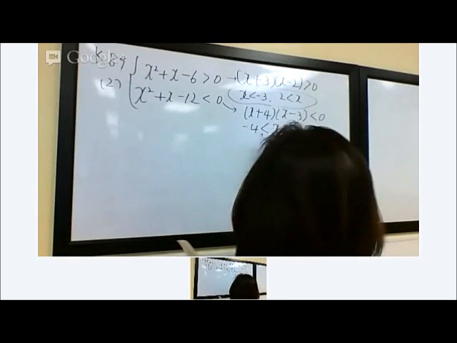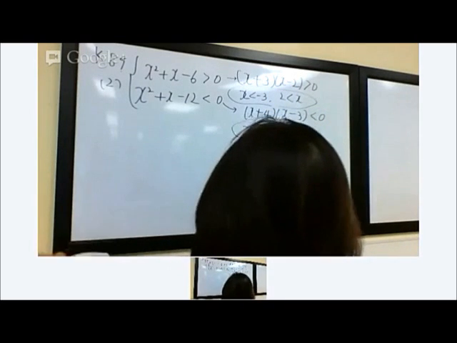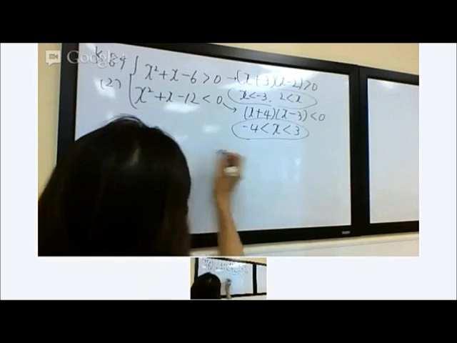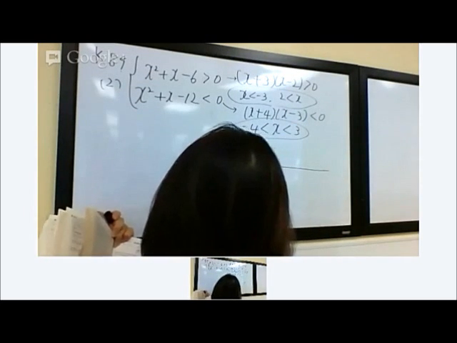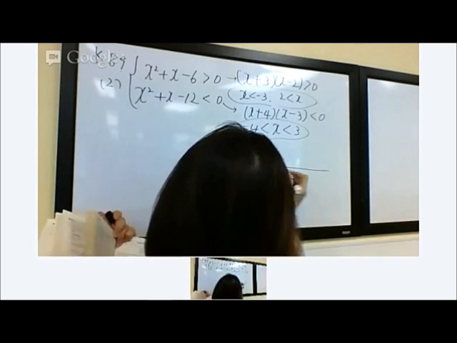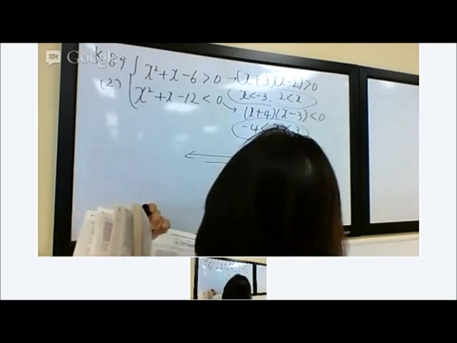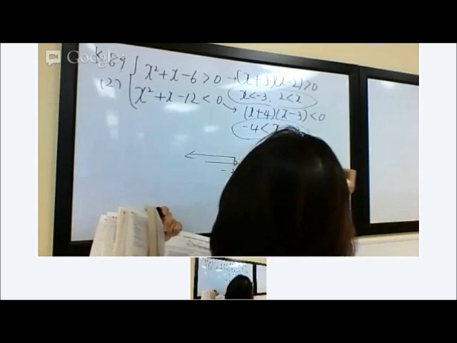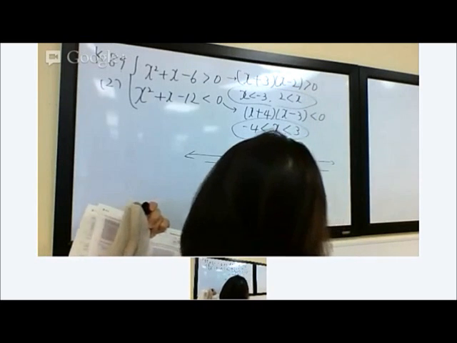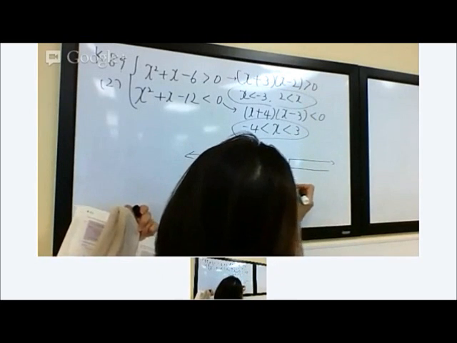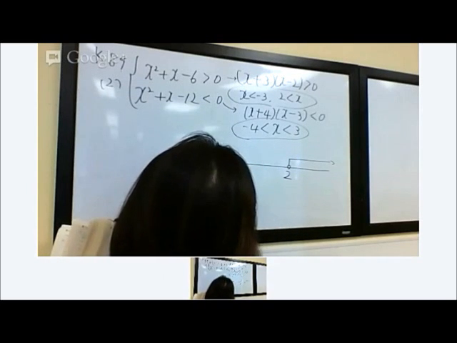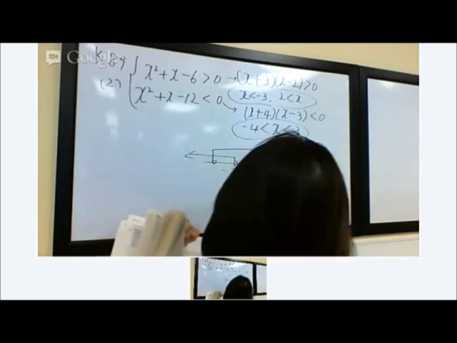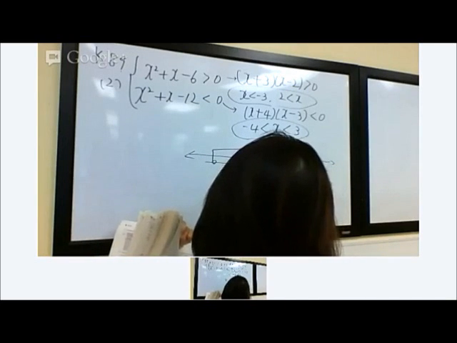Then this interval needs to be combined with the other one. So I draw here less than -3, greater than 2. Not the equal sign, so the white circle here. This one says -4 less than x less than 3. Both are white circles.